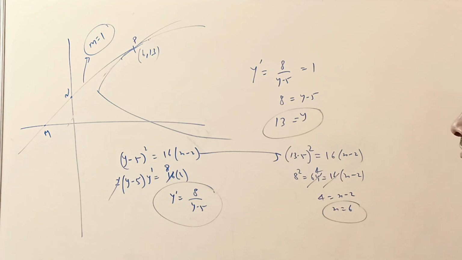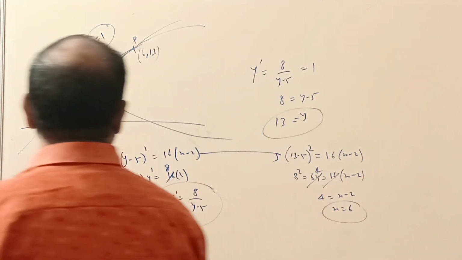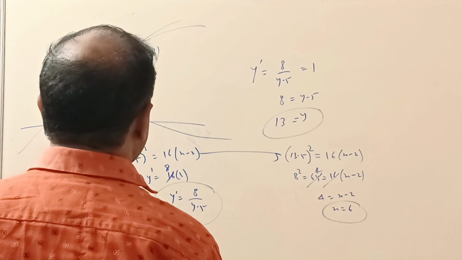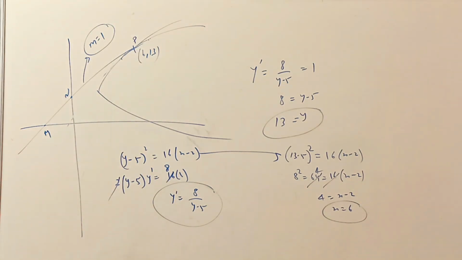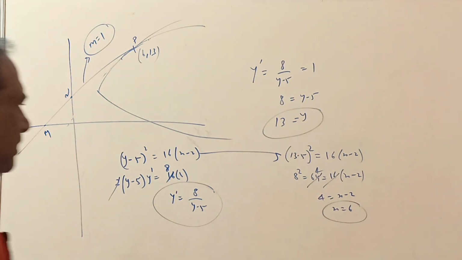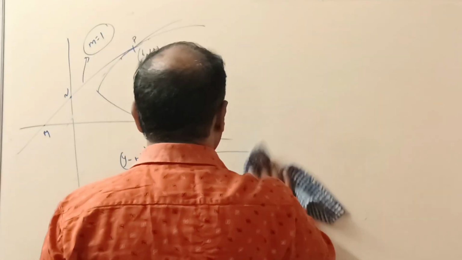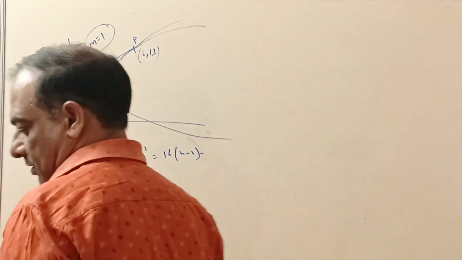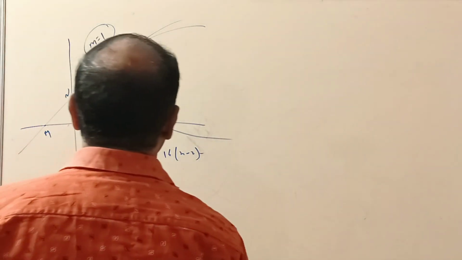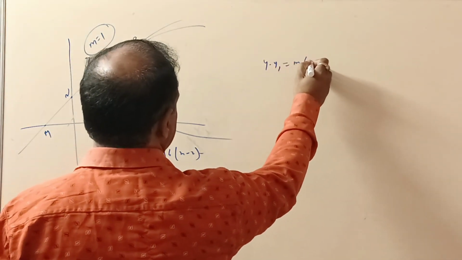Now furthermore I have to find out the value for the coordinates of m and n, and after that everything will be easy. Now how we can find out the value of m and n? We can do with 2 methods. The first method is, we can just find out the equation of tangent, which will be like this: y minus y1 is equals to m times x minus x1.